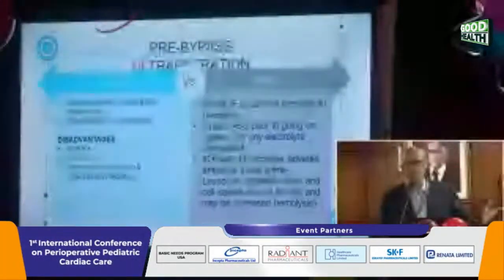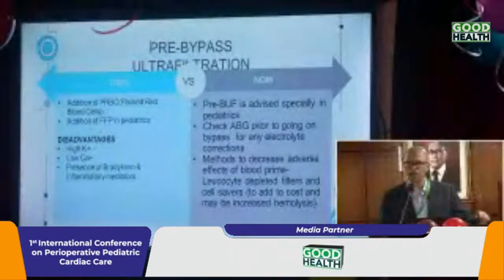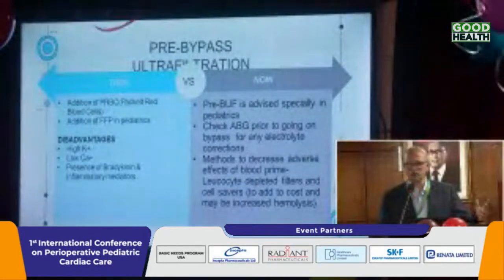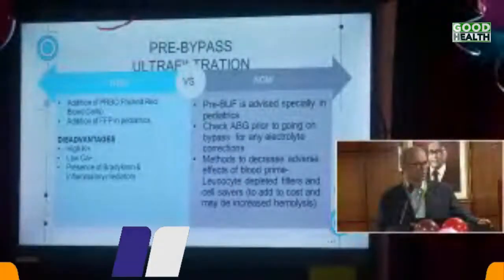Coming to ultrafiltration, there are various types. In earlier days we used to use PRBCs more, and we had disadvantages of high potassium, low calcium, and the presence of bradykinin and inflammatory mediators.